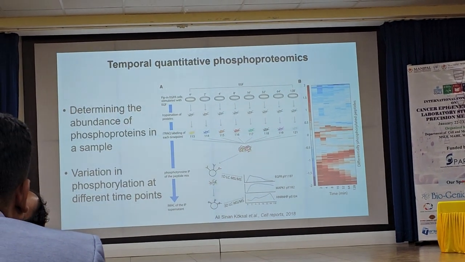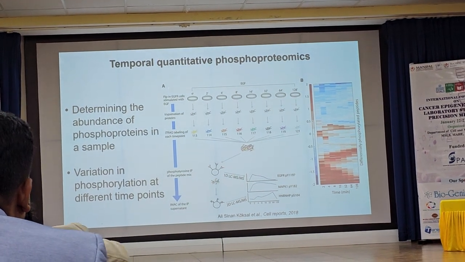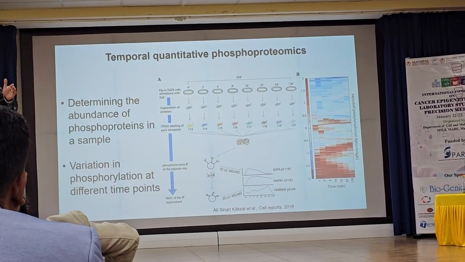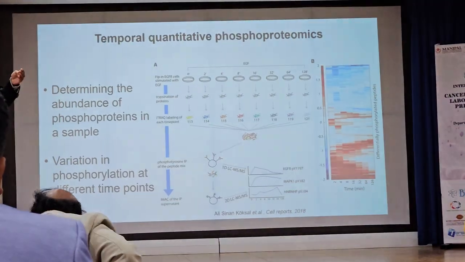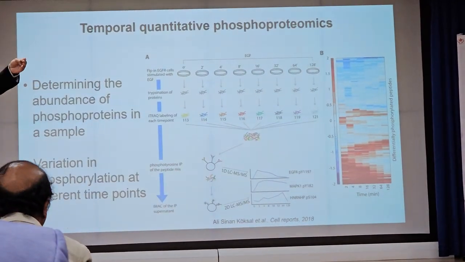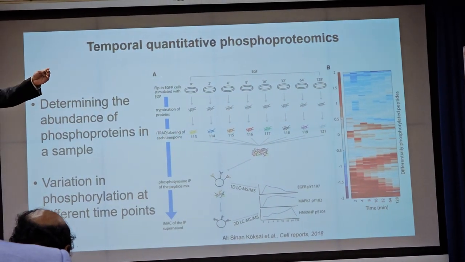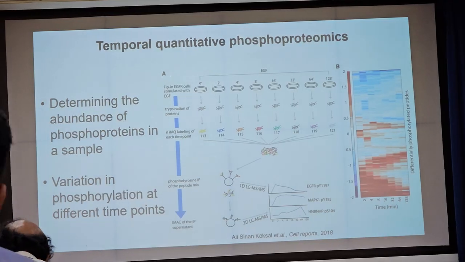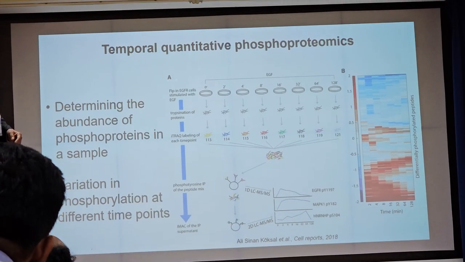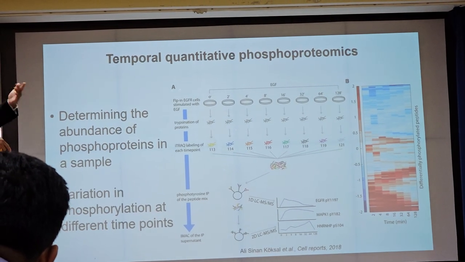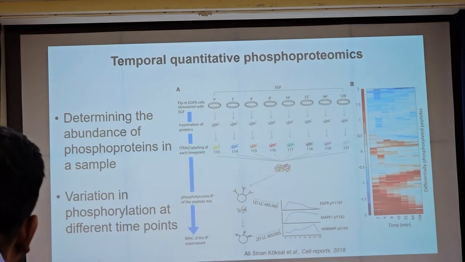Now we complicate it further. What are the phosphorylations which are changing in 2 minutes, 4 minutes, 10 minutes, 20 minutes, when a drug is given or an insult is given, which results in functional changes?